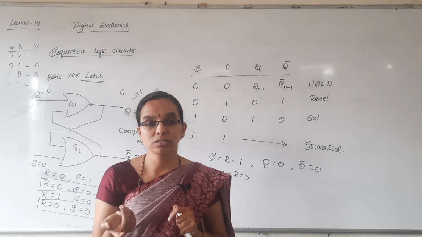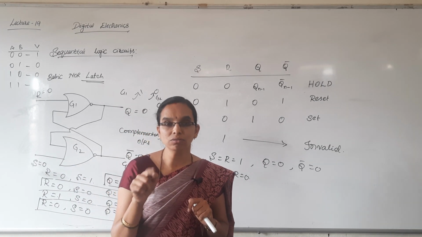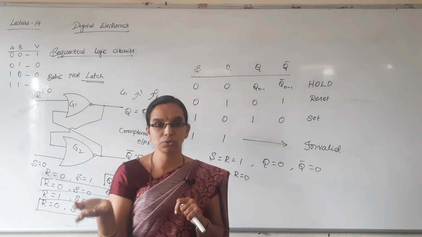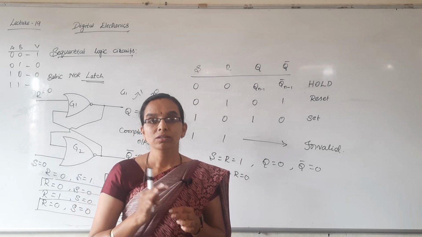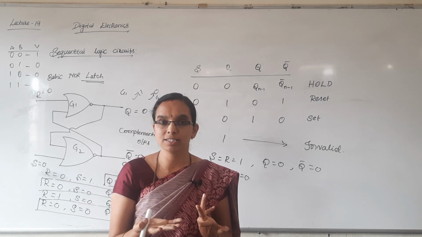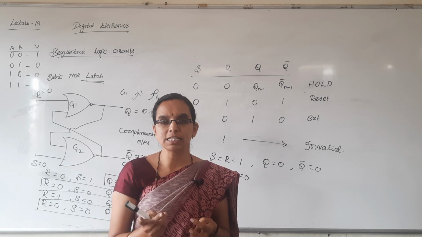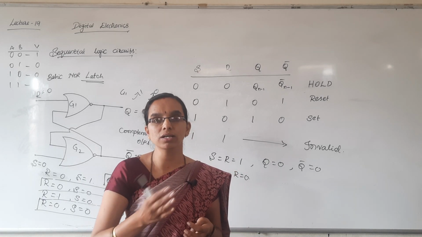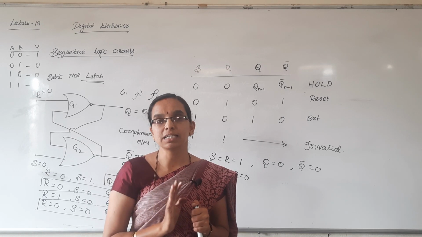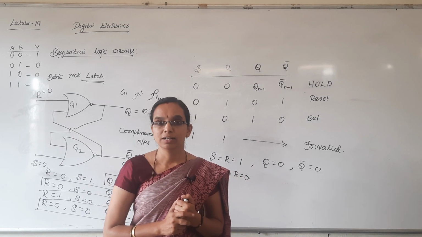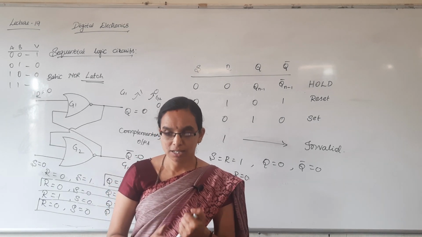If you want to store 0, we will make R equal to 1 and S equal to 0. Both being 1 is prohibited. If S is equal to R is equal to 0, then the previous state will be retained. Okay.